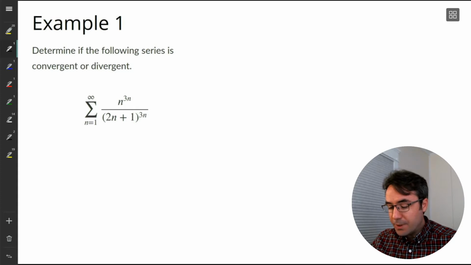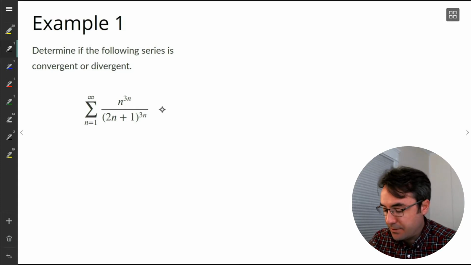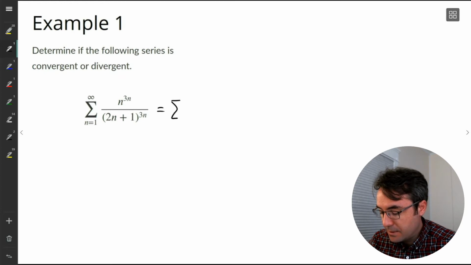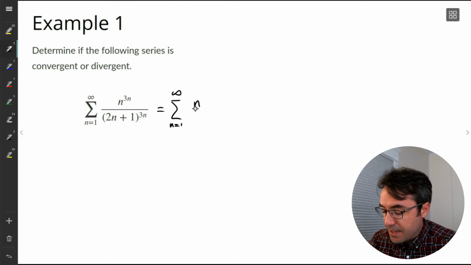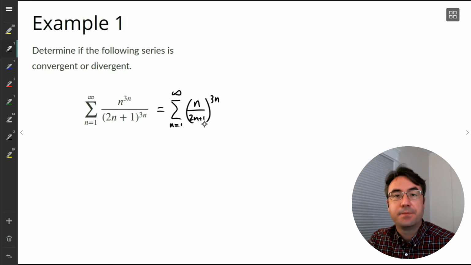So to really emphasize that, we're going to rewrite this series. So the numerator here has this raised to the power 3n. The denominator has this raised to the power 3n. So we can actually use one of our exponent rules and factor off that common exponent. So we could really write this as n over 2n plus 1 all raised to the power 3n. And so these are the types of series that the root test really works best for, when everything here is being raised to the power n.